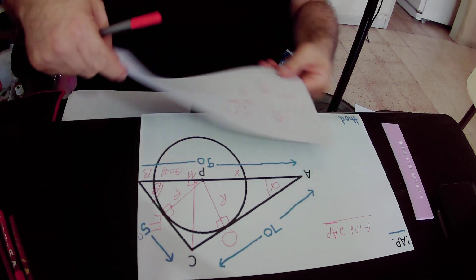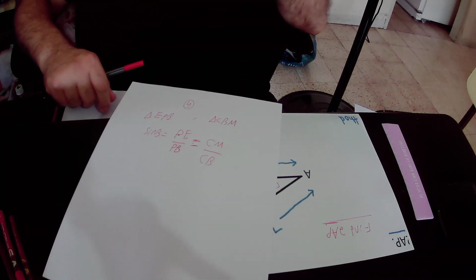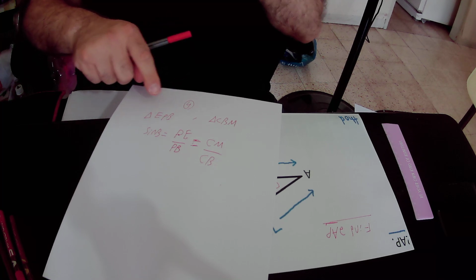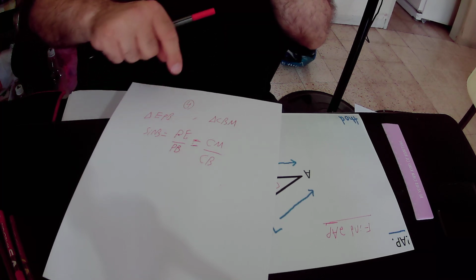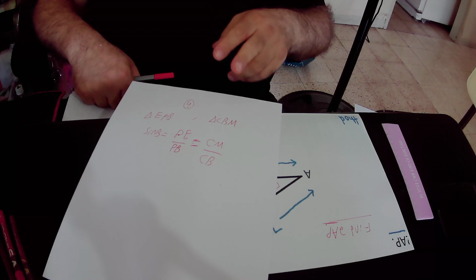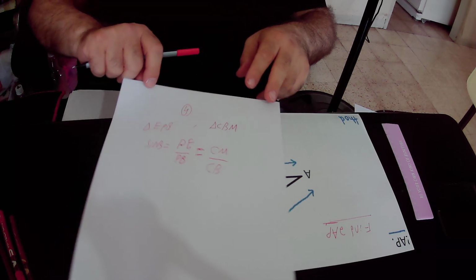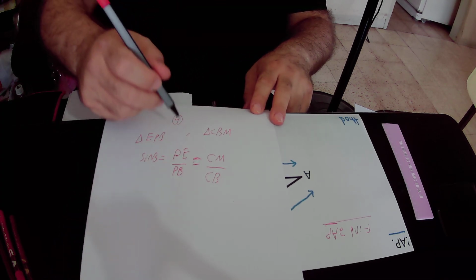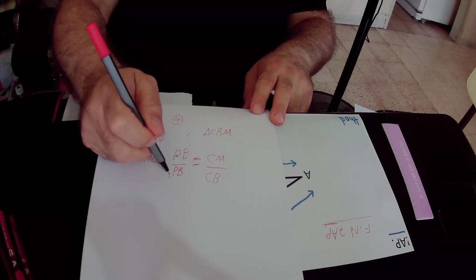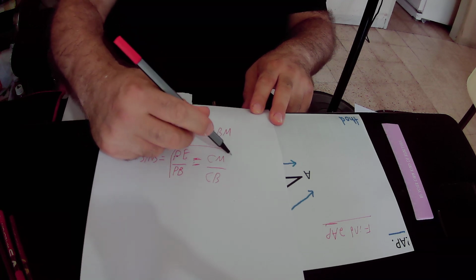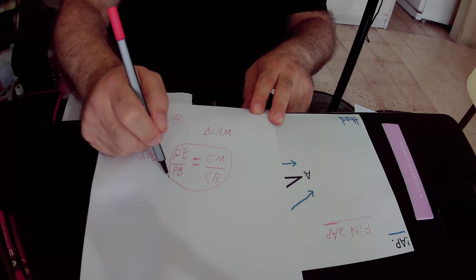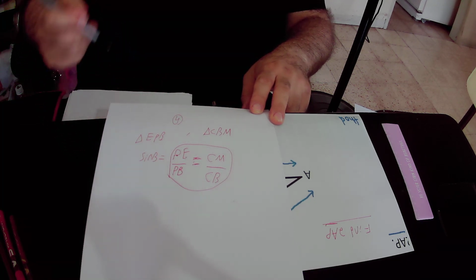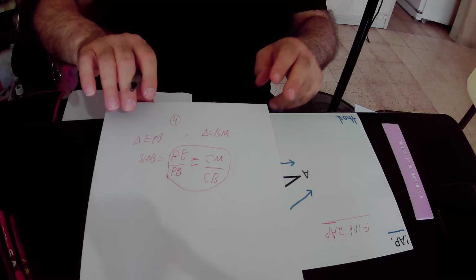Okay, so in total we got that sinus beta equals to PE over PB, that equals to CM over CB. Now I will write down again this equality, and in this way we will create the second equation.